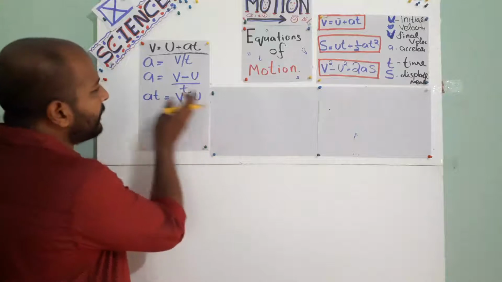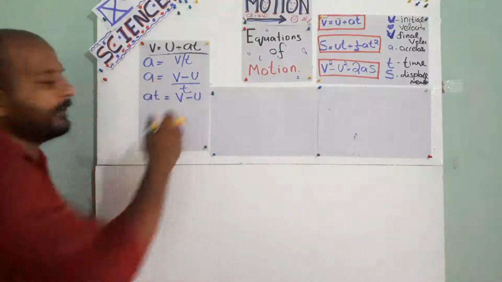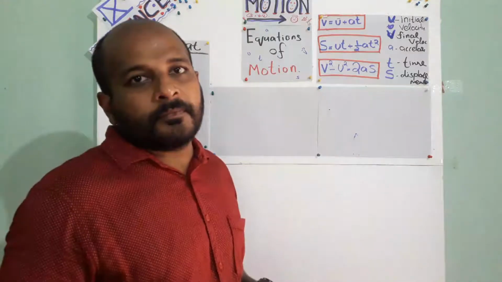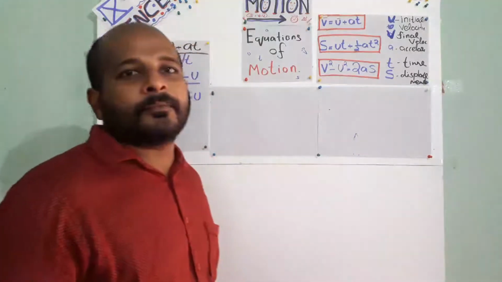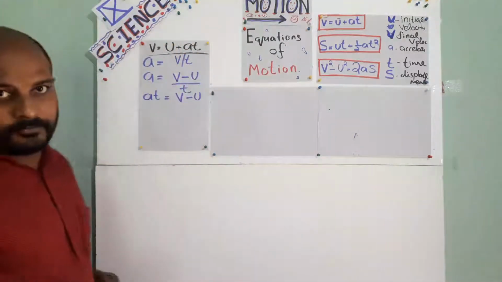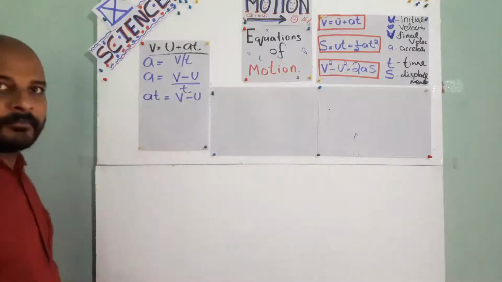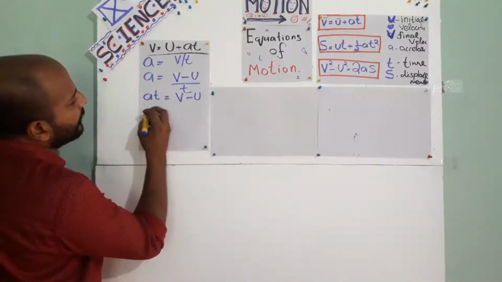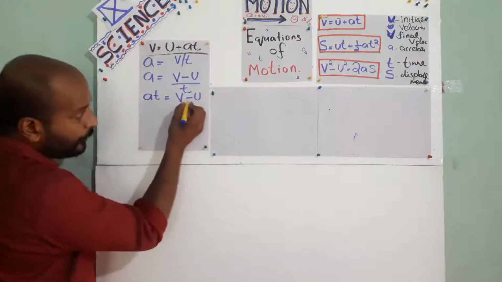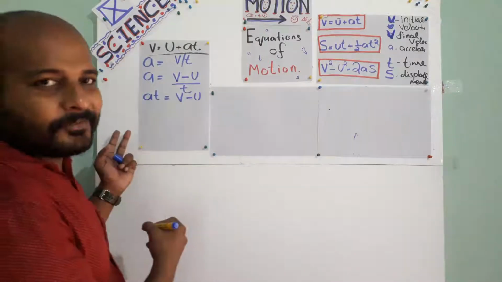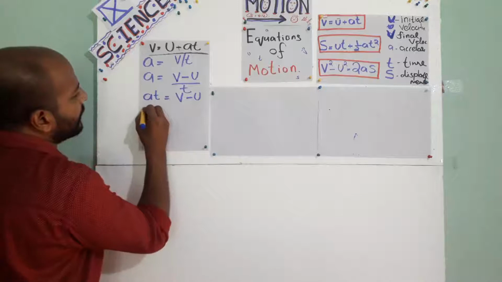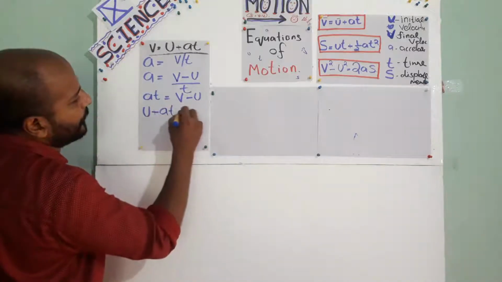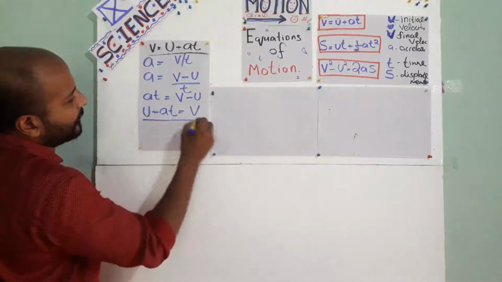If we move from right to left or from left to right, just change the sign. There won't be any change in value. So here U is negative. If we take it to the other side, it will become positive. U plus AT is equal to V. Is this our equation or not?